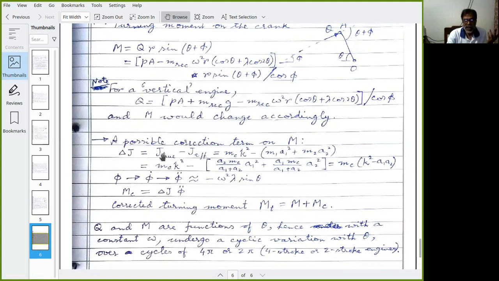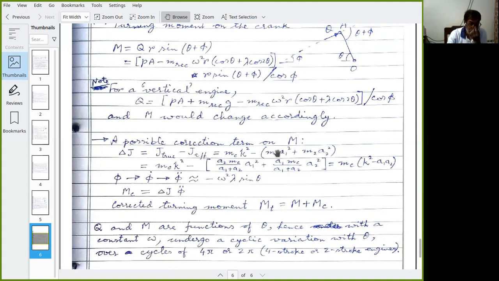Actual J minus effective J. Effective J means the moment of inertia of the two-mass addition, and the true moment of inertia is the mass of the connecting rod times K squared, where K is its radius of gyration, minus the effective moment of inertia, M1 A1 squared plus M2 A2 squared, with M1 at distance A1 and M2 at distance A2.